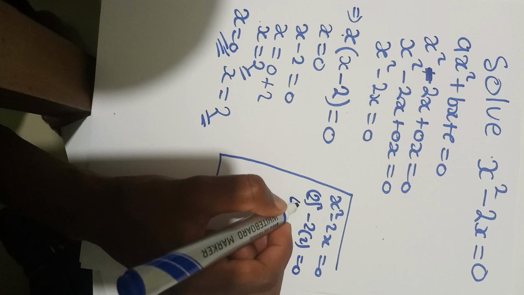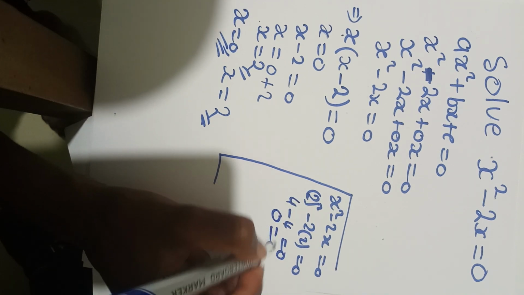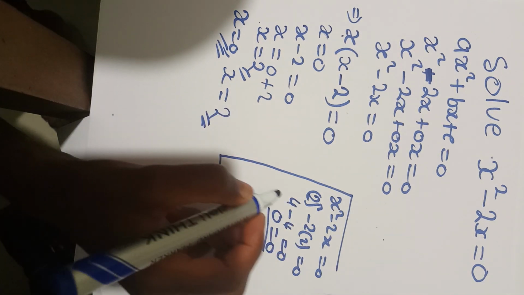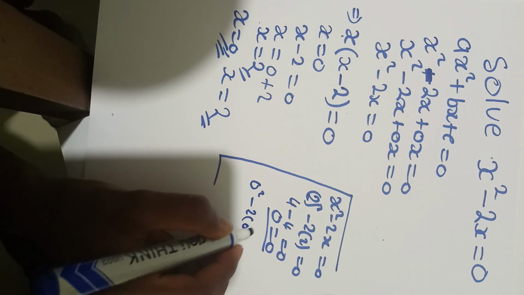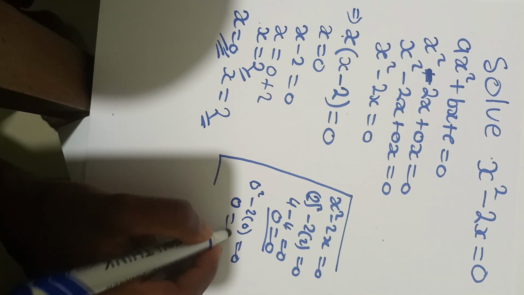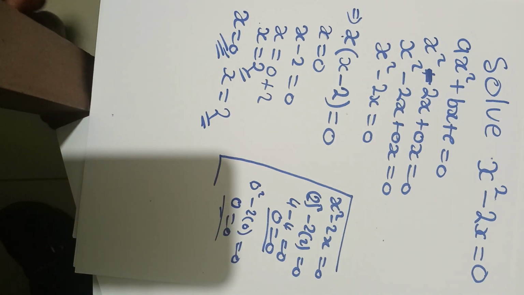So here 4 minus 4 is 0, is equal to 0. This is true. And then for 0, I'll just put 0 squared minus 2 open bracket 0, is equal to 0. So everything here is just 0, equal to 0. This is also true. So the answers are correct.